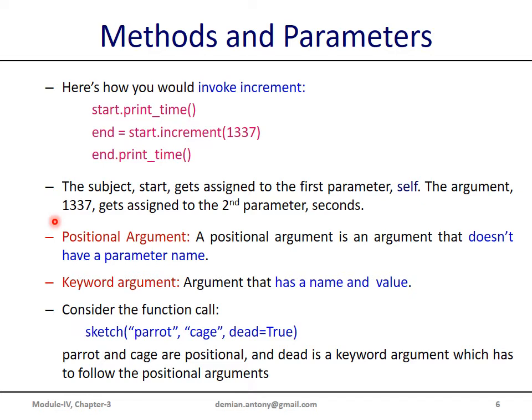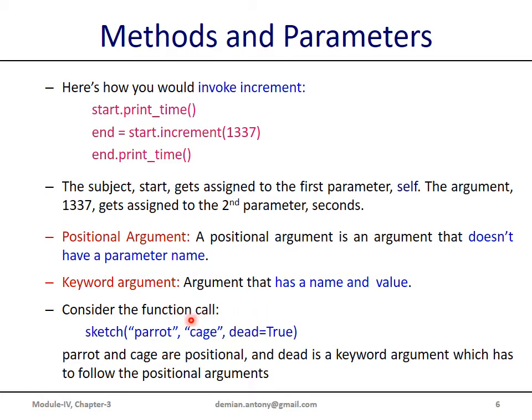And we have one more argument called keyword argument. A keyword argument is an argument found in the method call where the argument has a name as well as a value, and we use an assignment operator, that is equal, between name and value.